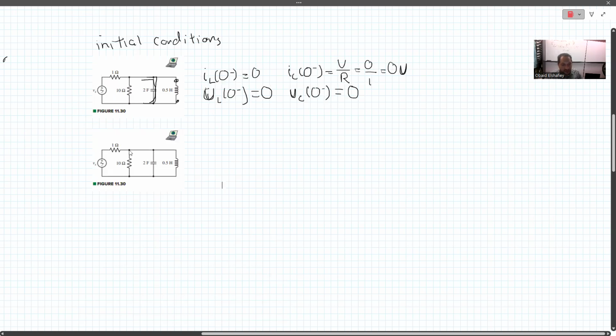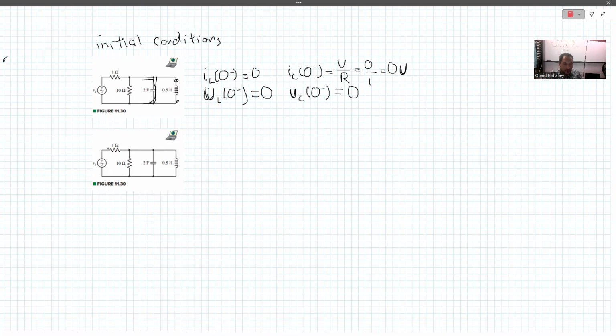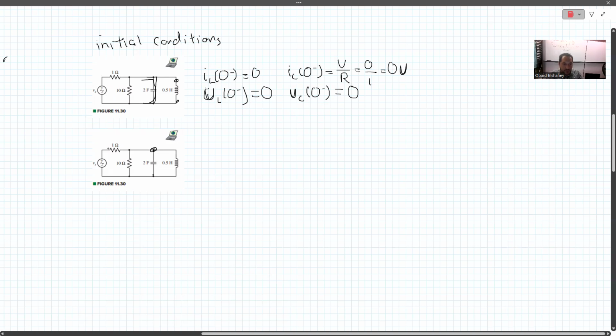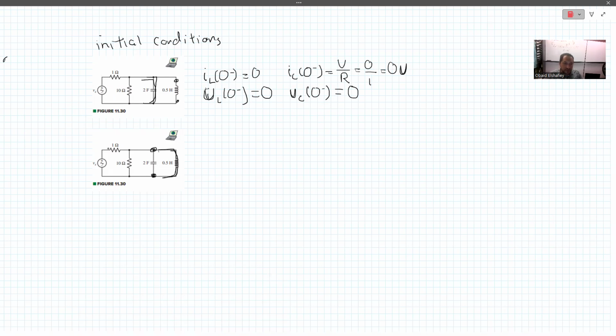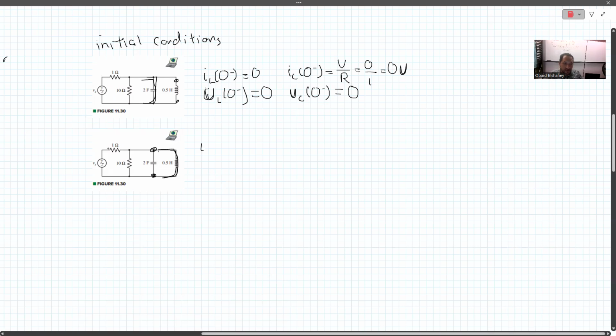After an extended time has passed, the opposite will happen. Our capacitor will be fully charged by DC, so this will be open while our inductor is short. So this means that for IL infinity, all of the current is passing in this direction. None of it is passing here.